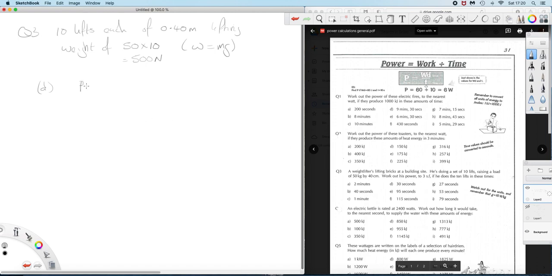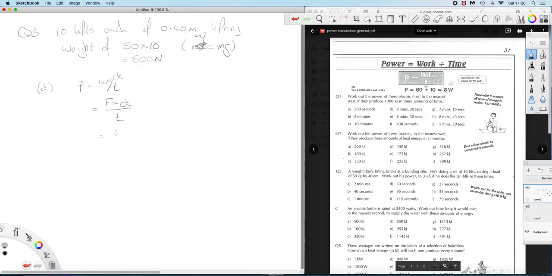Well, power is work divided by time, and work is the force times the distance. I should call that weight, or call that work, just to distinguish these W's from each other. In fact, I will just leave that as W. So force times distance is work divided by time.